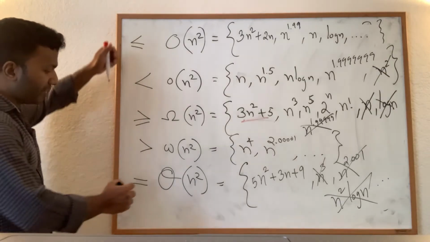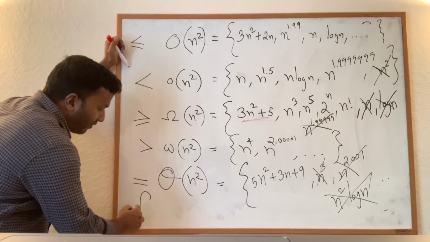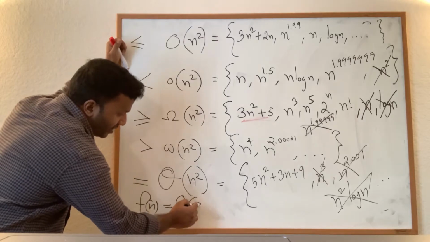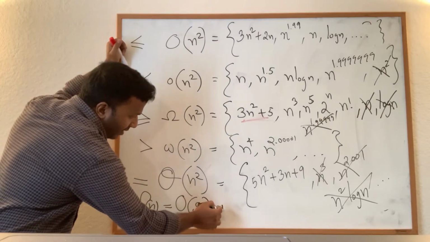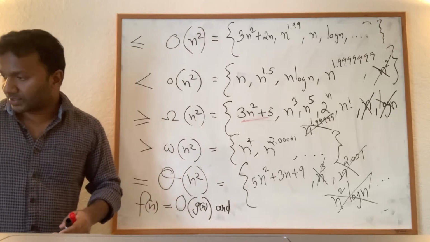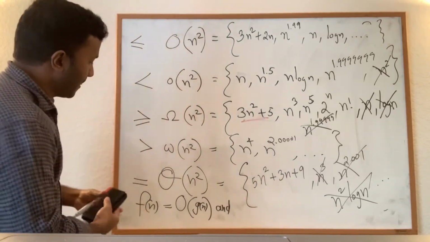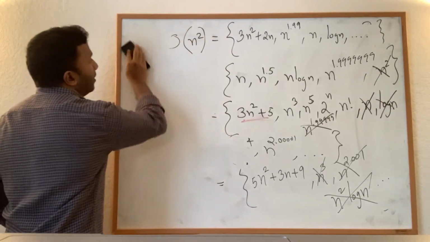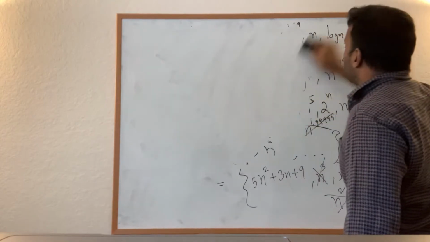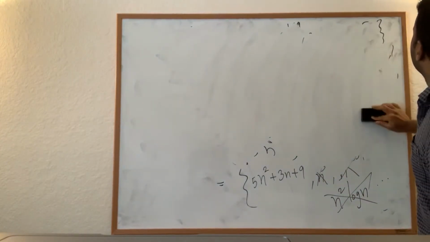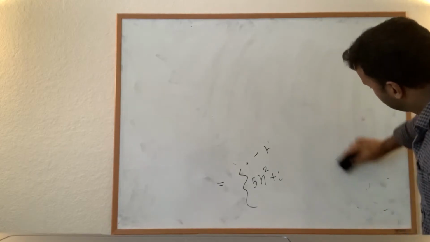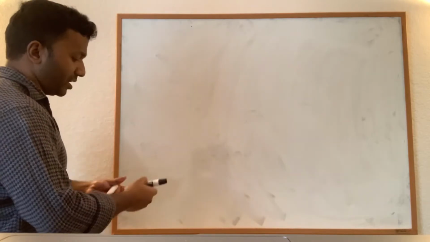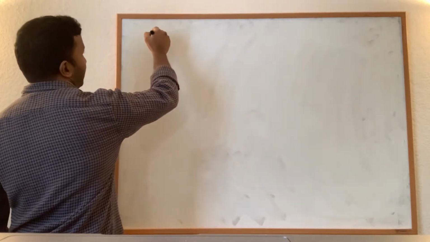So one thing you can see from here is if somebody says that f of n is equal to big O of g of n, so these are some easy relations you can come up with.